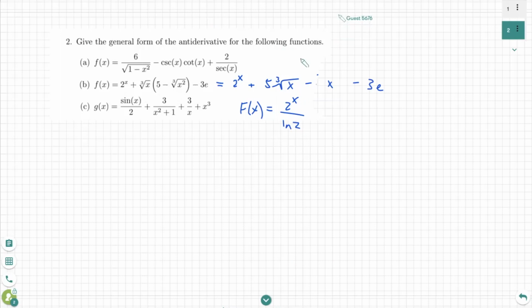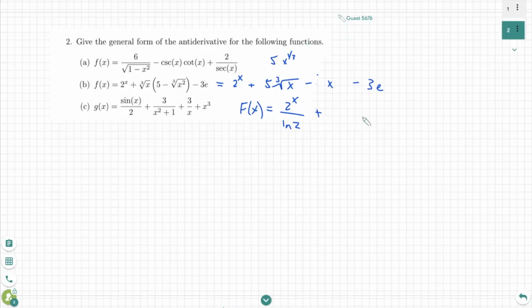Plus, that 5 times the cube root of x is 5 times x to the 1/3. Okay. So we add 1 to the exponent, which would be 4/3, and then divide by 4/3.